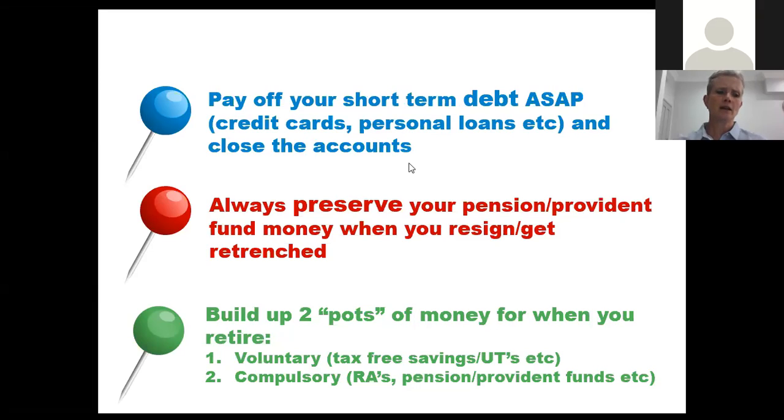I find this quite worrying in the younger generation, how many of my younger clients have got an awful amount of credit card debt, personal loans, revolving loans. It is terrifying. I don't know how these youngsters are ever going to get out of it without some kind of windfall or inheritance of some sort.